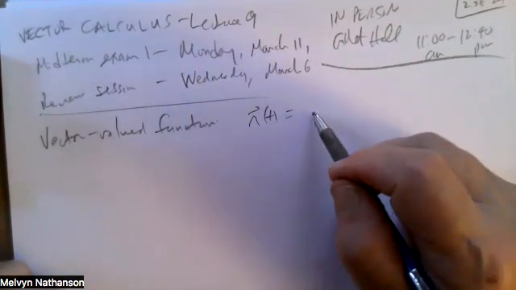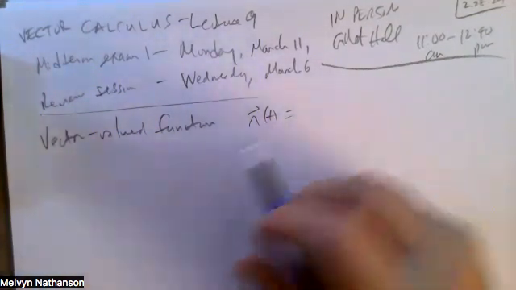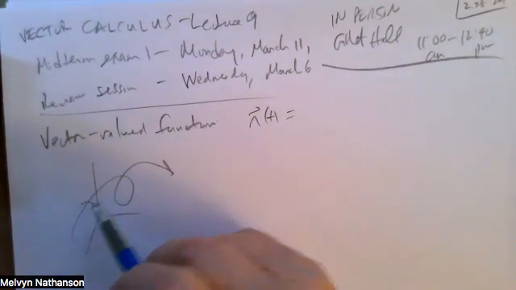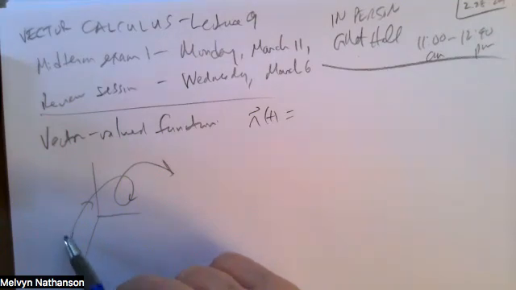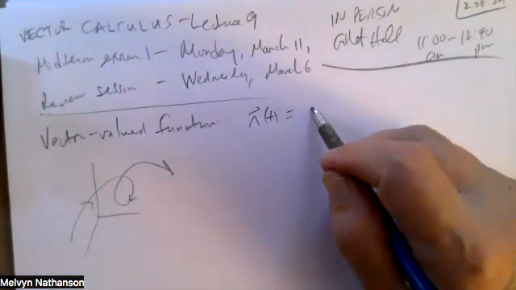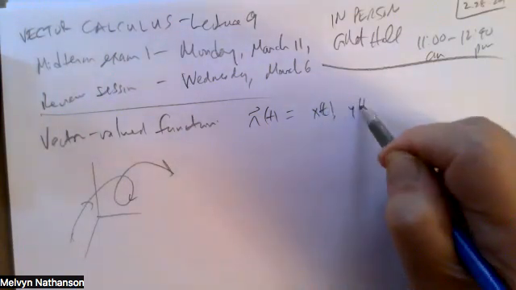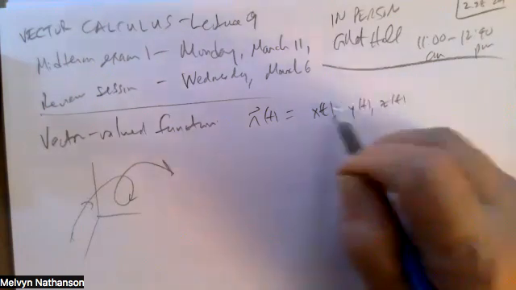And so you can think of this as, if you're in space, you have some particle moving and its position at time t is R of t. And it's a vector with 3 dimensions, maybe x of t, y of t, z of t.